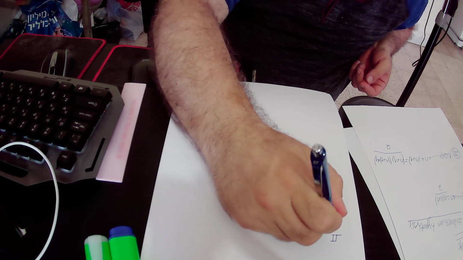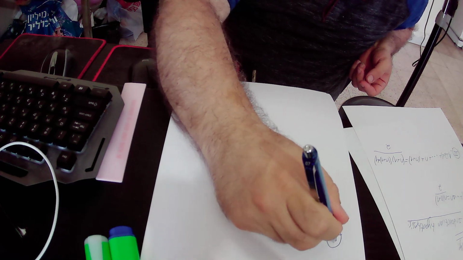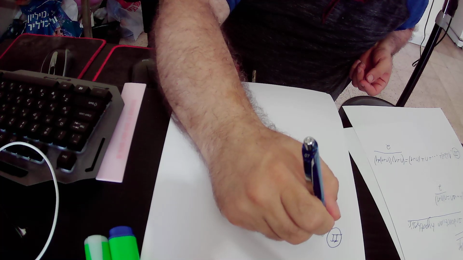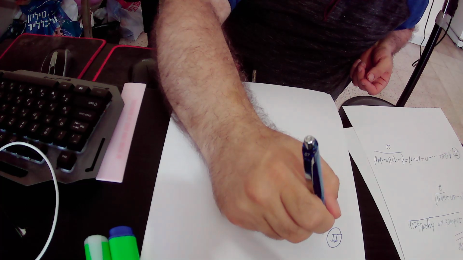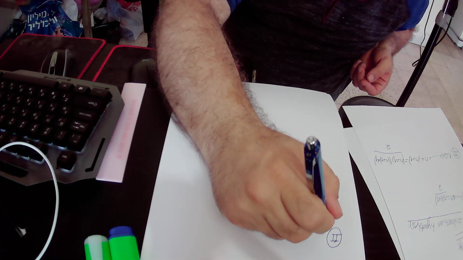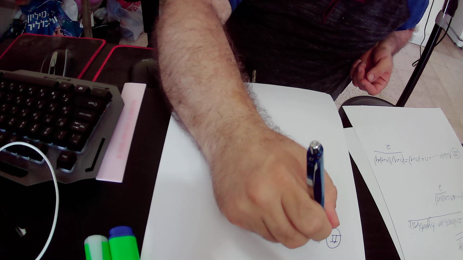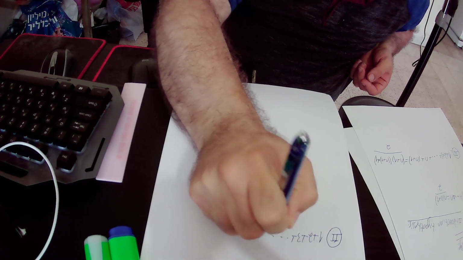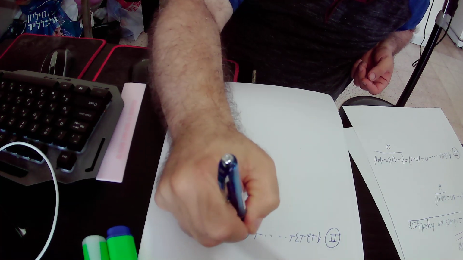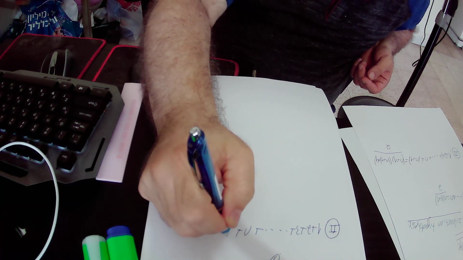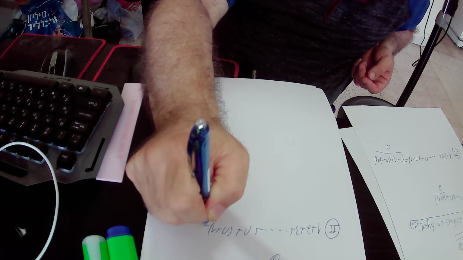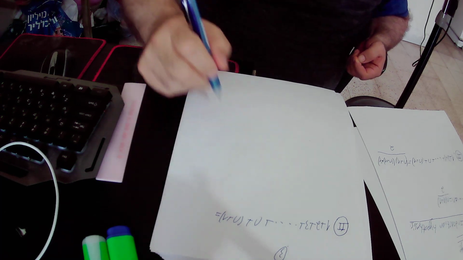So the second expression that we have to prove is for the statement for the case of n plus 1, so it will be 1 plus 2 plus 3 plus ... plus n plus 1, because this expression is for n plus 1, so n plus 1 must be included in the expression.